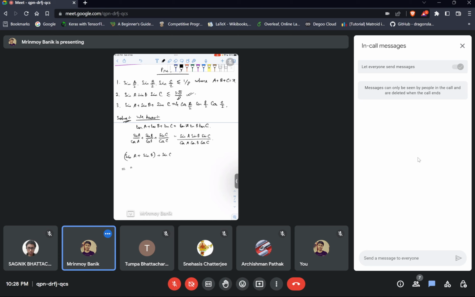So this is 2 sine (A plus B) by 2 times cos (A minus B) by 2 plus sine C. Right, so then I guess you can write (A plus B) by 2 as pi by 2 minus C by 2. Cos is as it is.